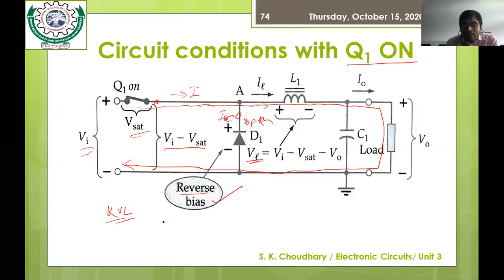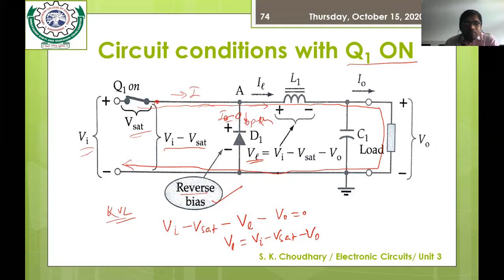When you apply the KVL, VI minus VSAT minus VL minus the voltage across the load or capacitor is, because both are in parallel, the voltage across both components is V0. It is equal to 0. So VL is equal to what? VI minus VSAT minus V0.